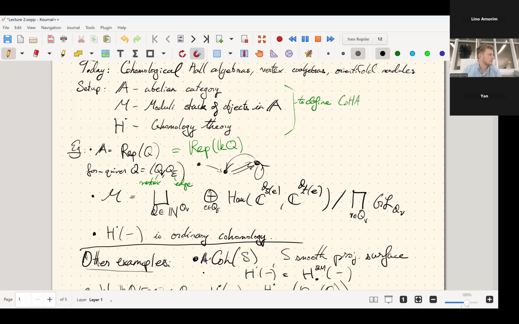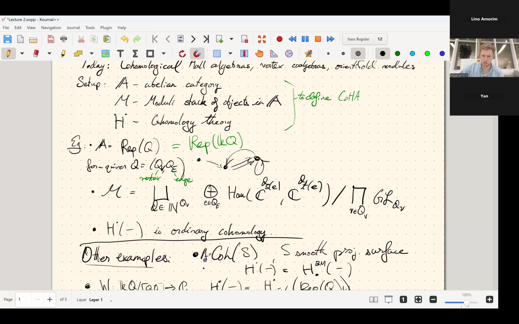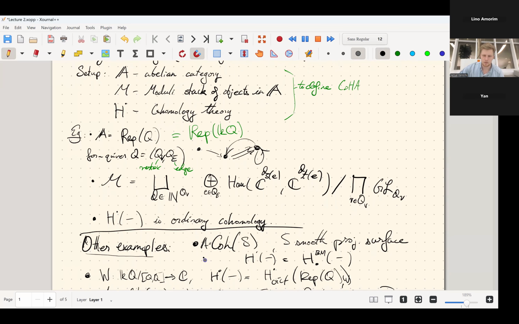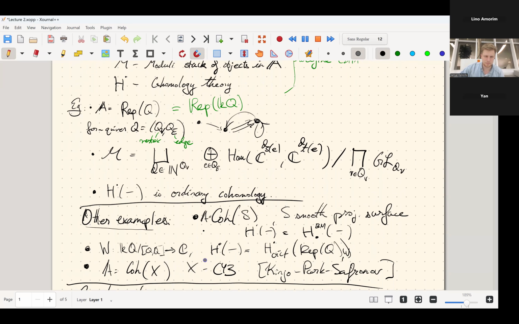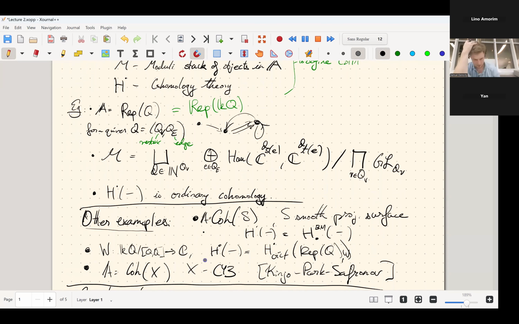And this is the moduli having been rigidified by choosing a basis at each node. To get the actual stack defining the moduli problem, we're going to take the quotient by automorphisms that forget the choice of basis, which is a product of general linear groups of the dimension given by the dimension at each vertex. And in this case, we can actually take ordinary cohomology to be our cohomology theory.